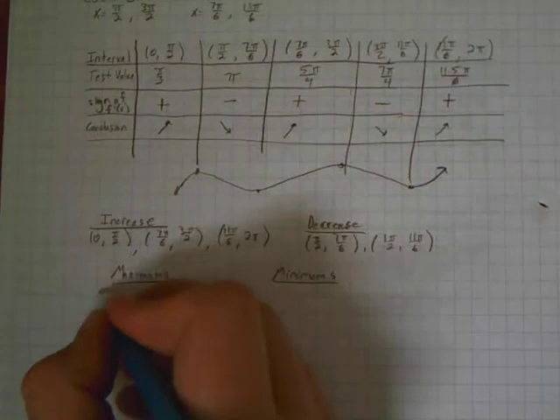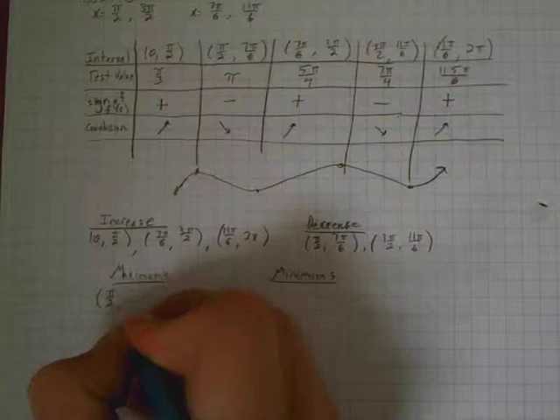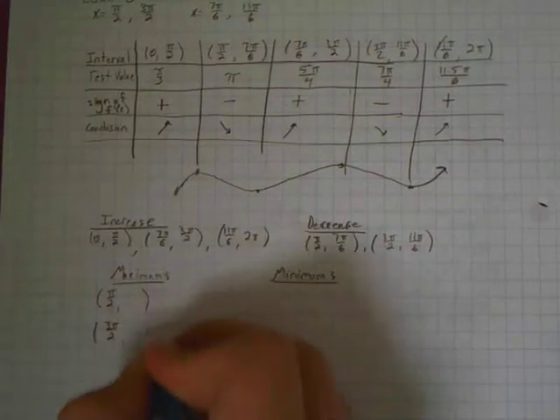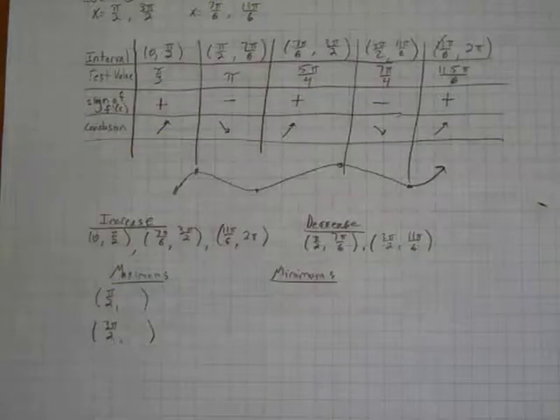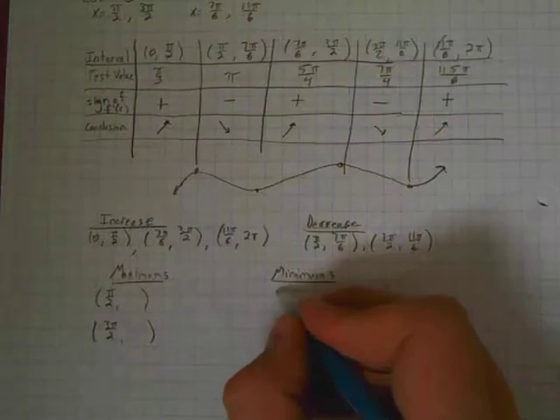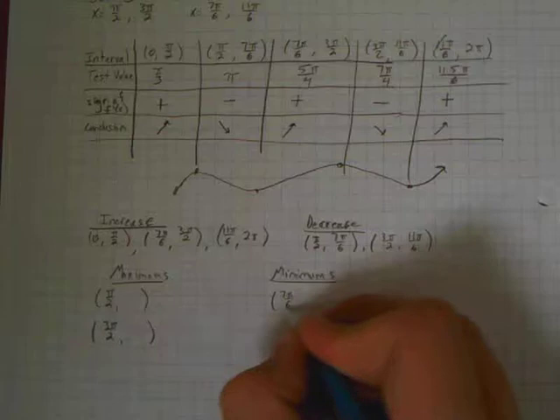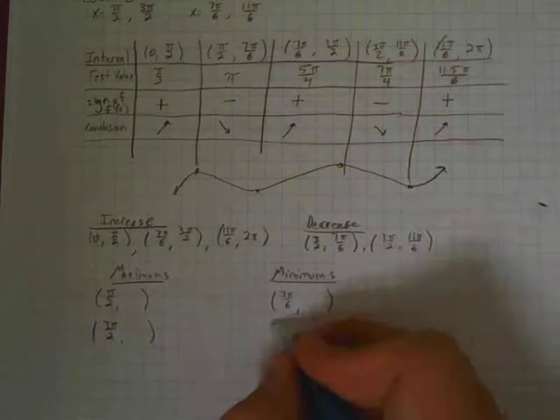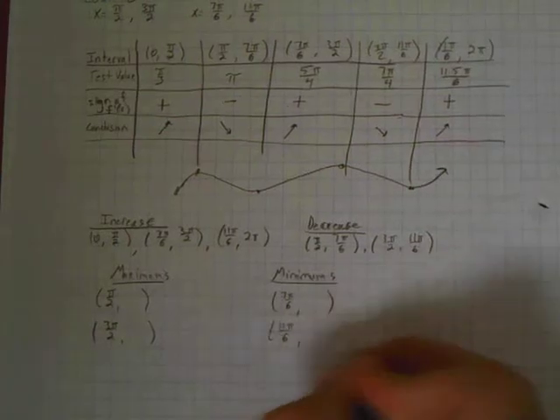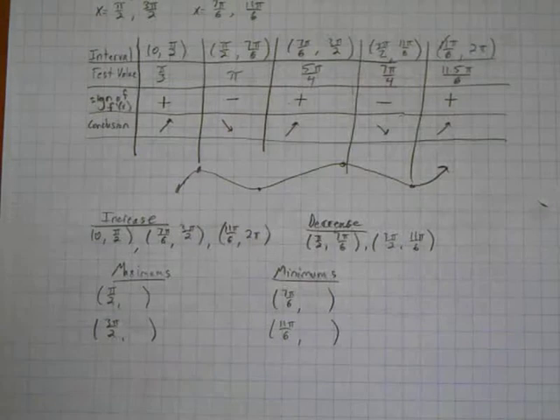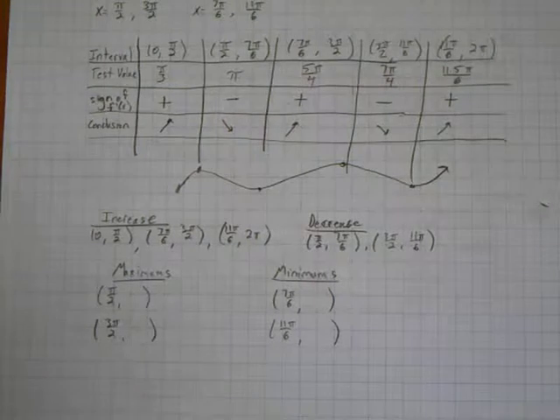So I know I have one at pi over 2 comma something and 3 pi over 2 comma something. I'll have to figure out what those are. And then I also have minimums at 7 pi over 6 comma something and 11 pi over 6 comma something. All right, so I'm going to have to figure out what those are by plugging them into my original function. So I'm going to take a quick break and plug them into the original function, and I'll see you back in 10 seconds.